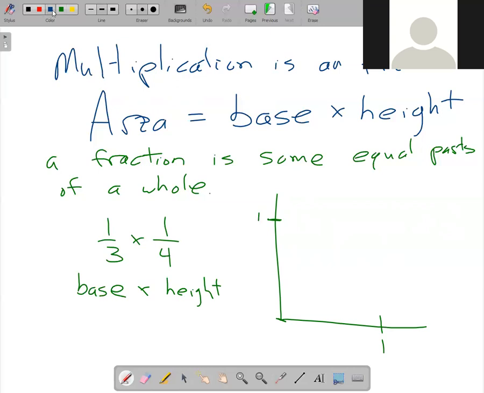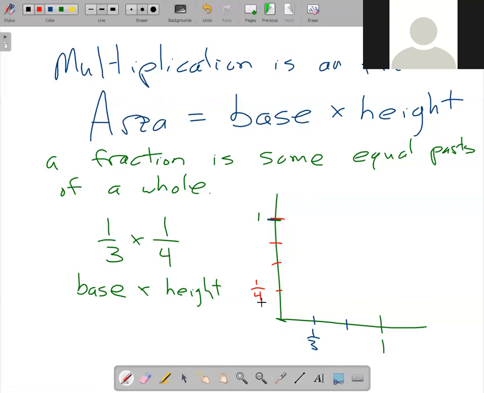Once I do that, I can say, oh, well, if that's 1, then that's about 1/3 right there, to the best of my artistic ability. And if that's 1 up here, choose a different color, then 1/4. That looks about 4ths right there. This one right here would be about 1/4.